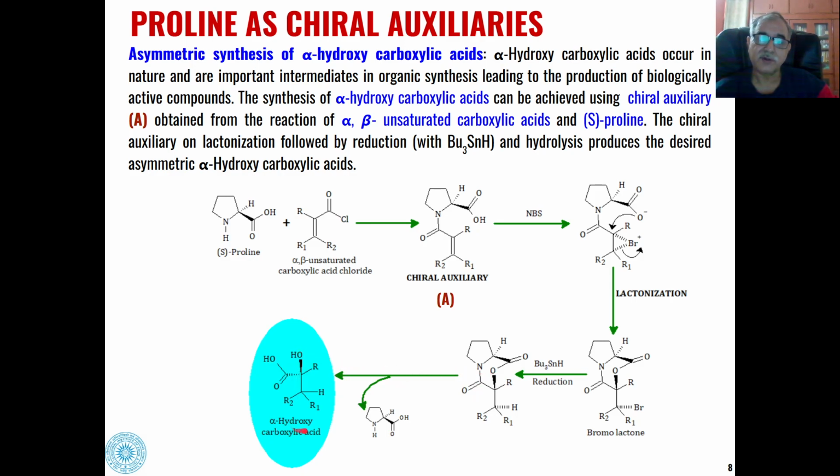So alpha hydroxy carboxylic acids which are asymmetric in nature will be formed. So this is how asymmetric synthesis of alpha hydroxy carboxylic acid can be achieved from alpha beta unsaturated carboxylic acids.